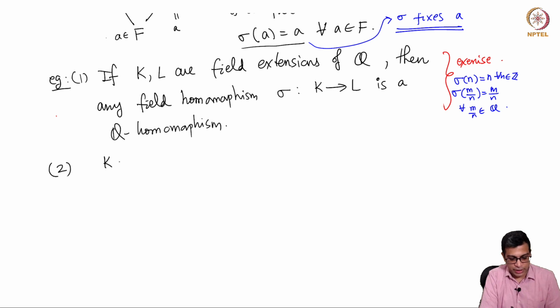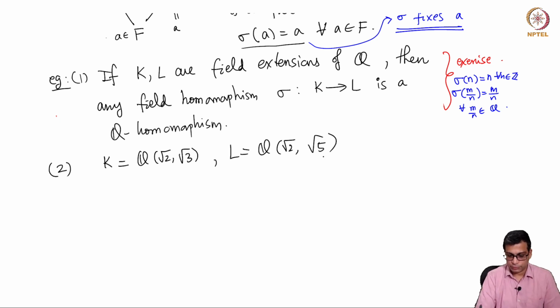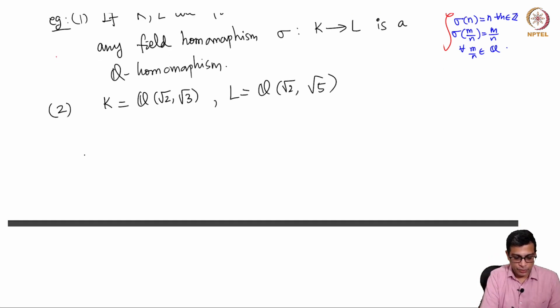On the other hand, let's take K to be Q(root 2, root 3) and L to be Q(root 2, root 5). So Q(root 2, root 3) is the smallest subfield of, let's say, R containing Q, root 2 and root 3. L is the smallest subfield of R containing Q, root 2 and root 5. So consider the map from K to L which sends root 2 to minus root 2.